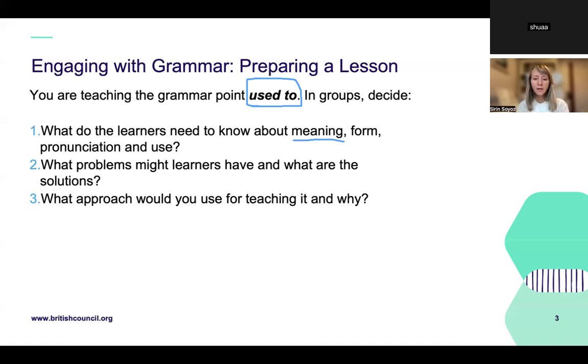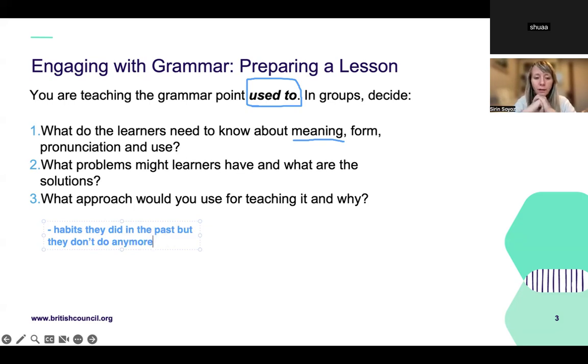Okay, can you give one example? For example, about the habits they had in the past, but now they don't do anymore.